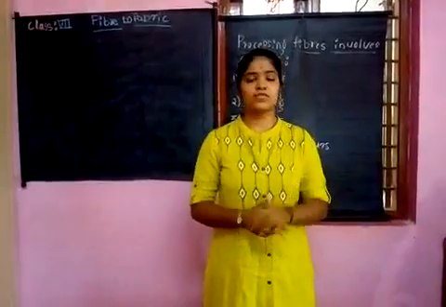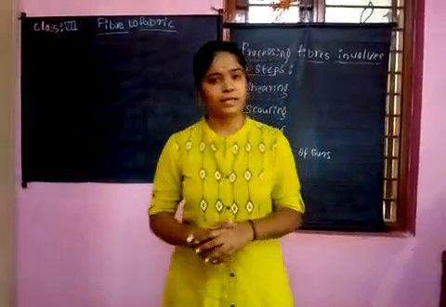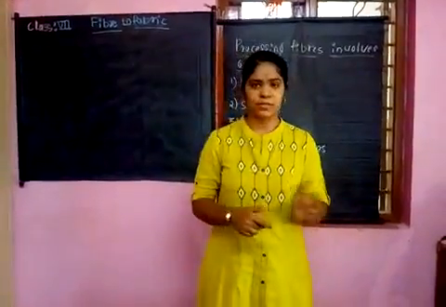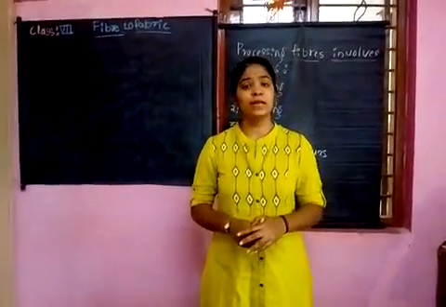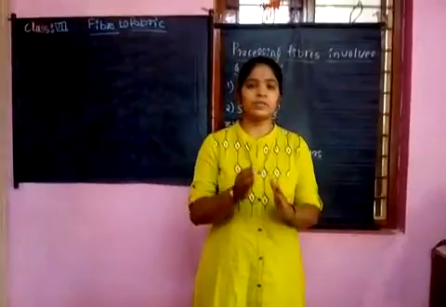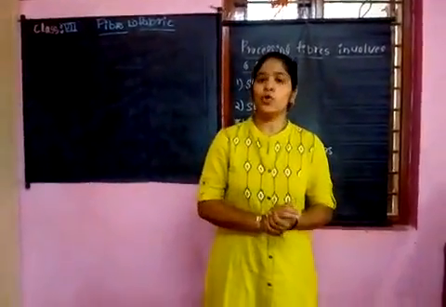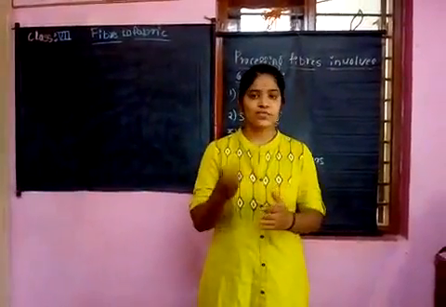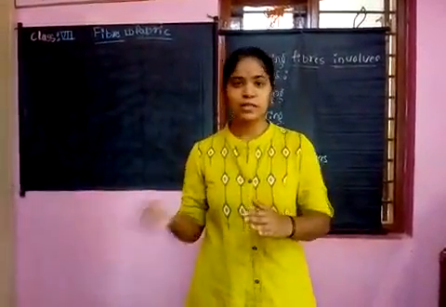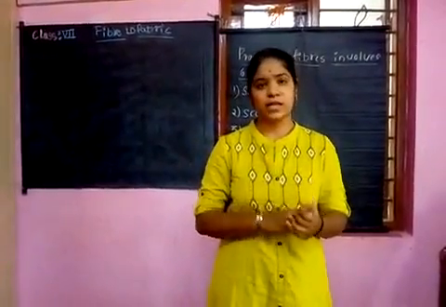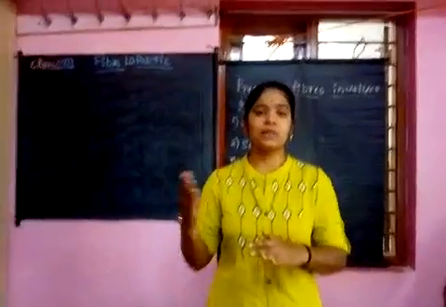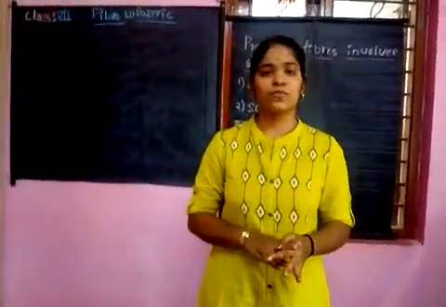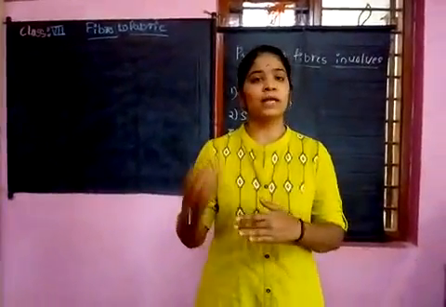As in the last class, we have started with the third chapter, that is fiber to fabrics. In that, we have studied the process of how the fibers are converted into a useful form of the wool. Okay, so where do we get these fibers? As we learned in the previous classes, these fibers are the fleeces or the hairs of the sheep body or some animals.